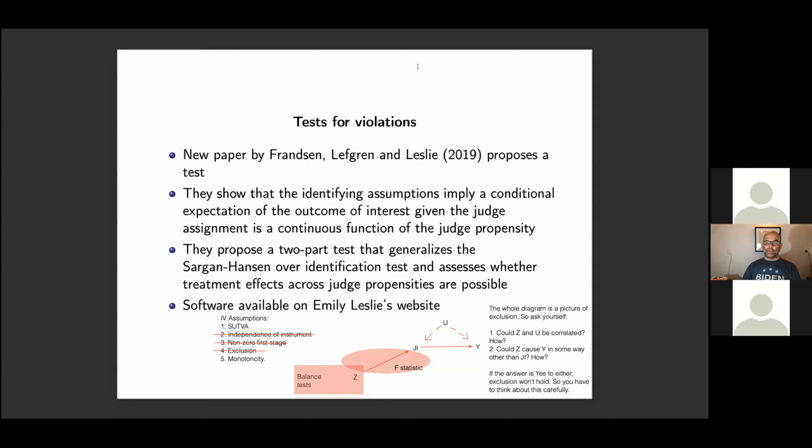Now, what does SUTVA mean? SUTVA would be violated if when Scott was assigned the harsh Judge A, John was less or more likely to be incarcerated. Right? That's what SUTVA violations are. IV assignment to person 1 has an impact on treatment assignment of person 2.